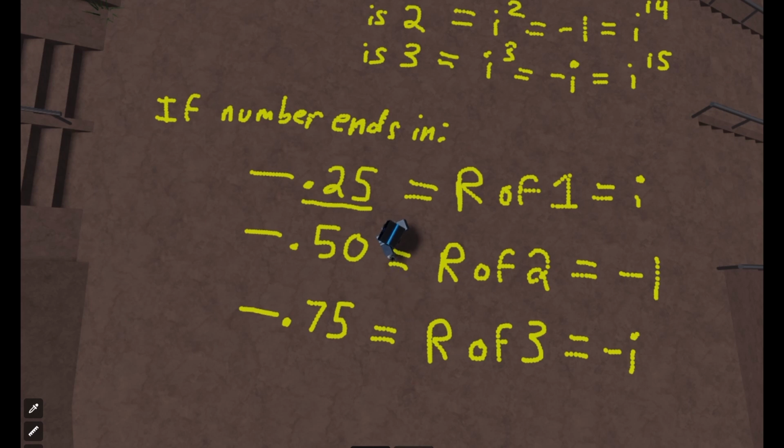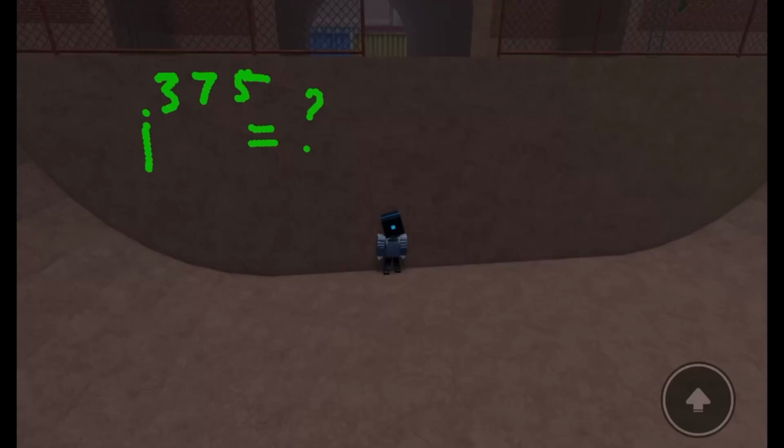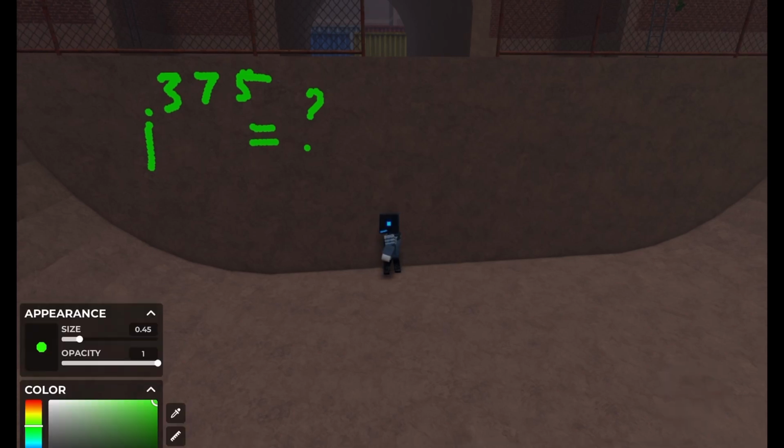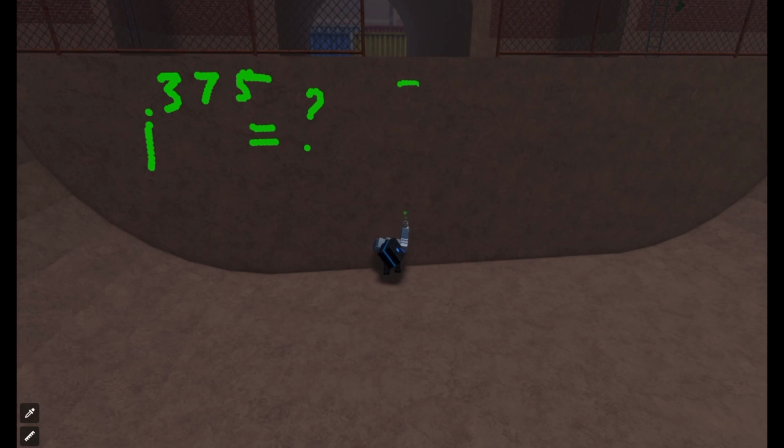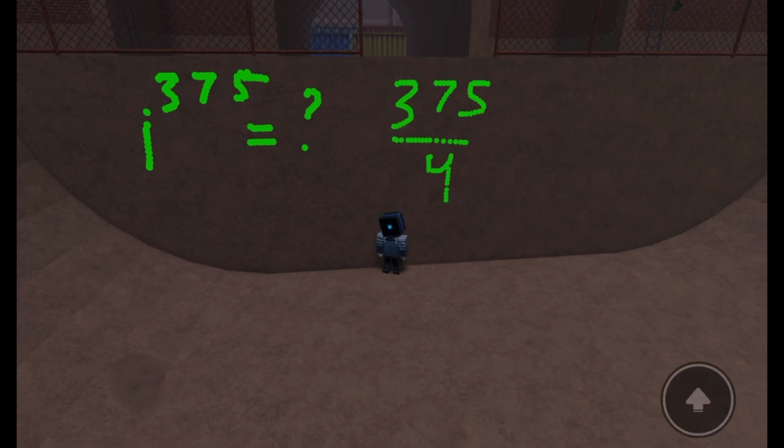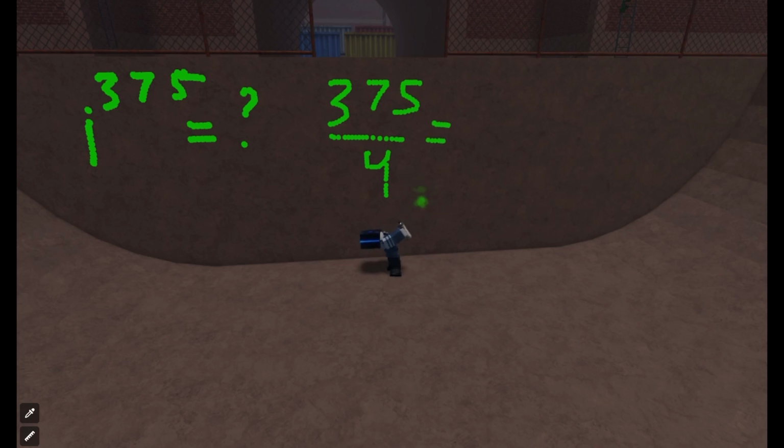Let's use this to try a few problems now. Let's try this example out now. I have i to the 375th power. What does that equal to? Well, first thing you can do is just 375 divided by 4. And if you do that, you'll get 93.75.